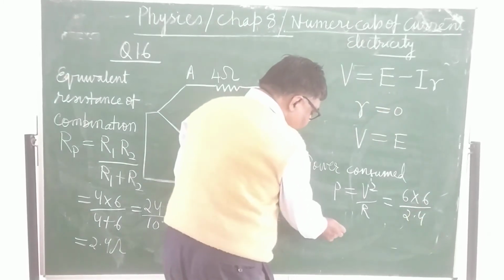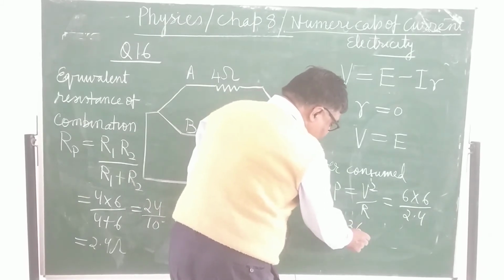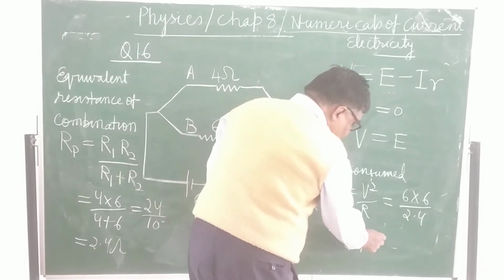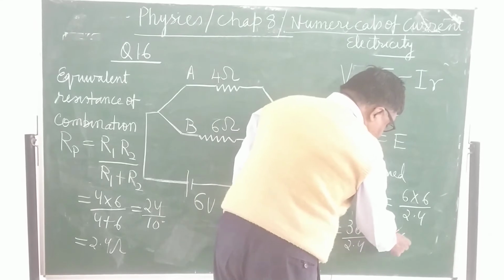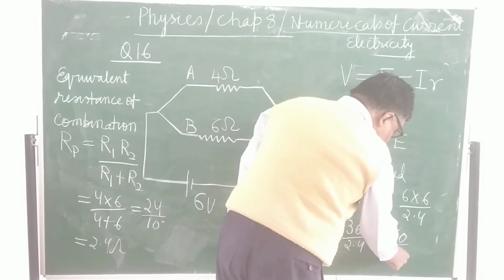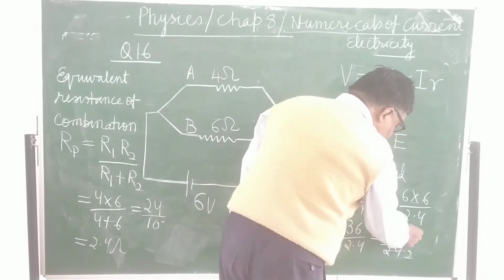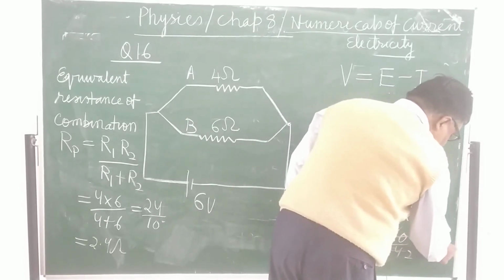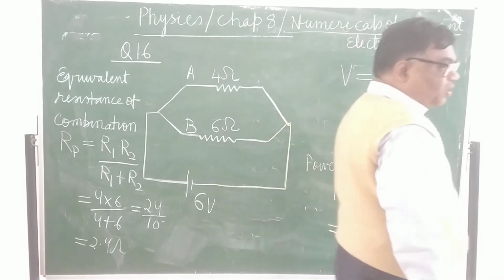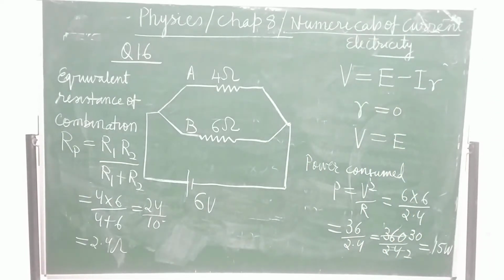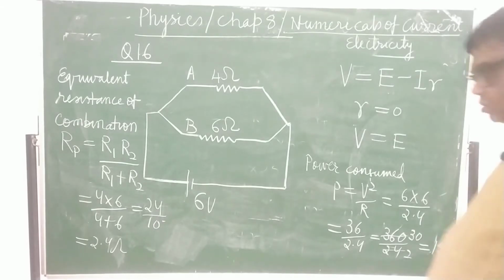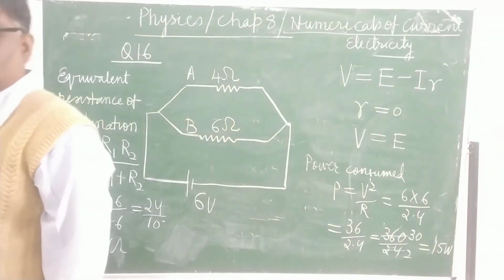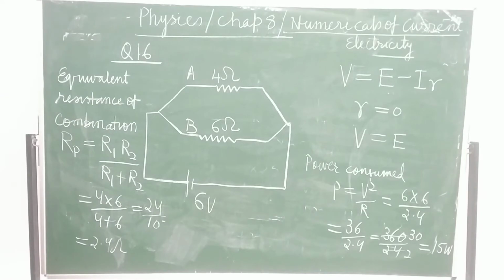You simplify: 36 upon 2.4 equals 360 upon 24. 12 twos are 24 and 12 threes are 36. That equals 15 watt. Power consumed will be equal to 15 watt. You note down this. This will be the power consumed.